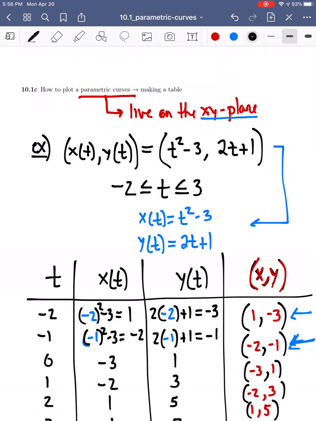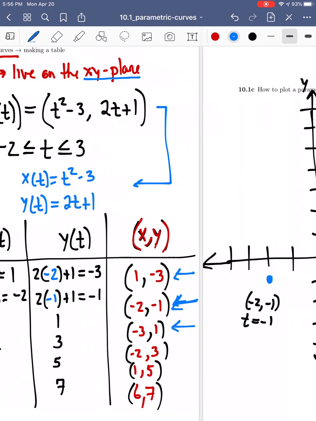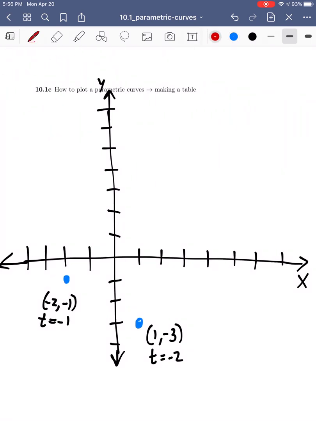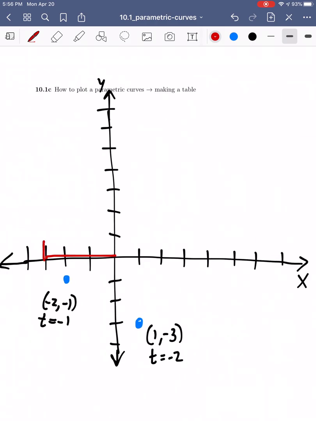All right, so the next point, when t is equal to 0, we want to plot minus 3, 1. So again, we go over minus 3 steps, and we go up 1. So this is minus 3, 1, and that happened when t was 0.